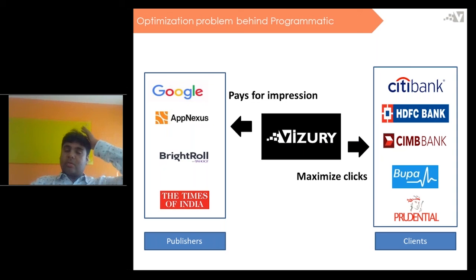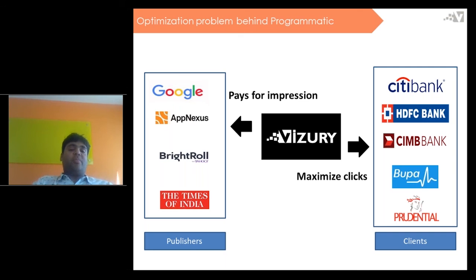Now let's look at the optimization problem behind this whole programmatic flow. On one side we have ad exchanges and publishers, like Google, AppNexus, and Brightroll, Yahoo Brightroll, where we pay them per impression.